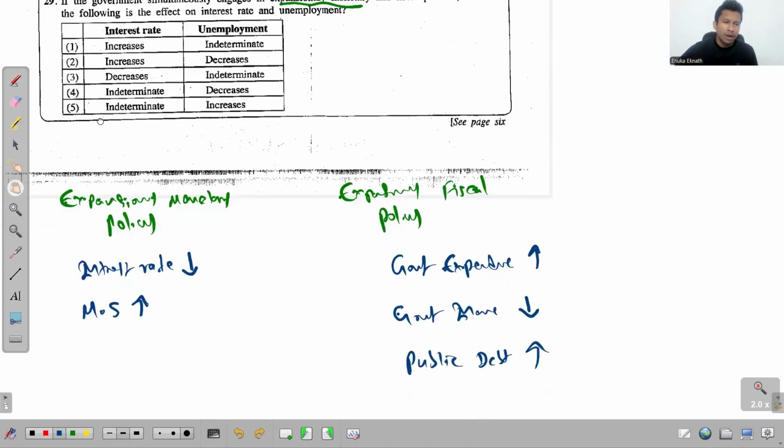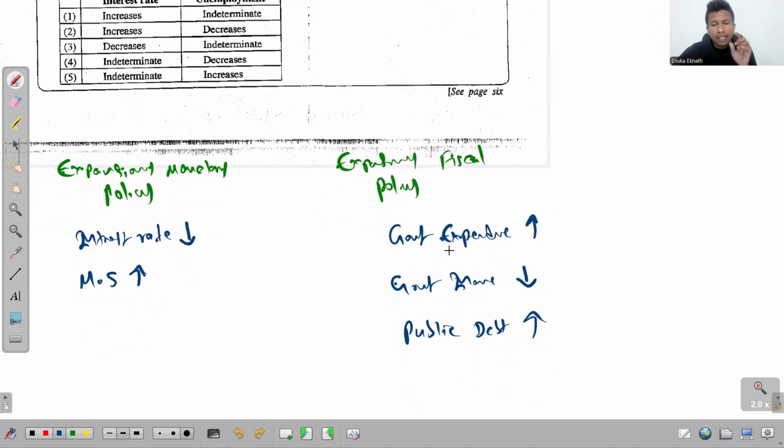We just need to recognize the impact on interest rate and also the impact on unemployment. When the government expenditure, in other words, when this component G, which is inside the aggregate demand, increases, what happens to the aggregate demand? See, as I wrote earlier, aggregate demand equals C plus I plus G plus NX. So when G, the government expenditure, increases, the aggregate demand also increases.